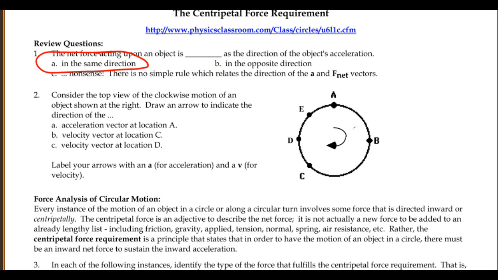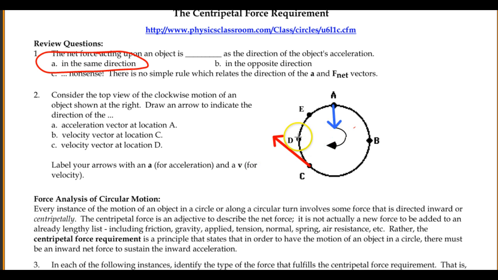If we look at the motion as we go around the circle here, if we look for the acceleration in vector A, it must be centripetal, which means it must be toward the center. If we look at the velocity at location C, the velocity must be tangential, and since we're moving counterclockwise, it has to touch the circle at one point and be essentially perpendicular to the circle at that point.